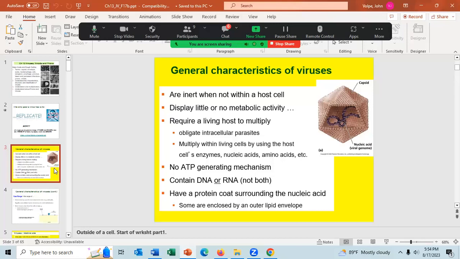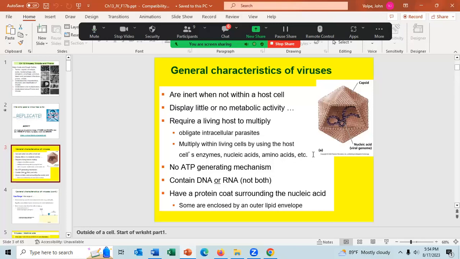They rely on their host cell to supply the ATP the virus needs. Viruses do have a genome, and that genome is either DNA or RNA. It is never both. This is unusual for cells because cells only have DNA for their genome. But some viruses have RNA for their genome.